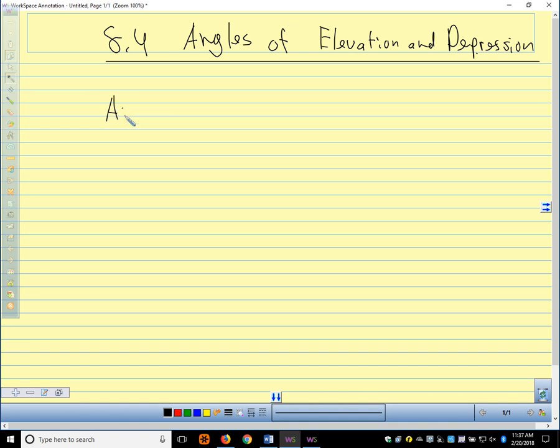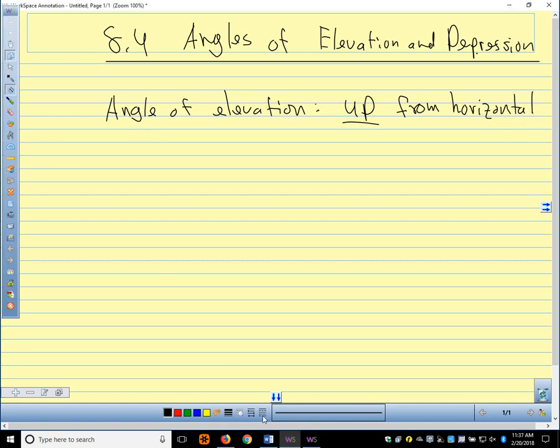An angle of elevation is up from the horizontal. So horizontal just means like flat ground. So there's my horizontal.